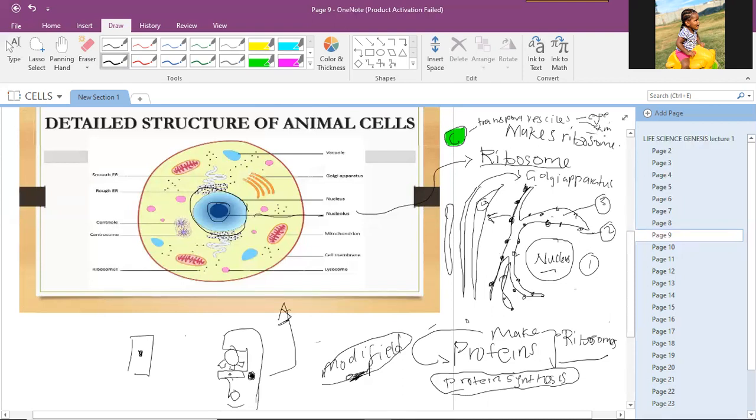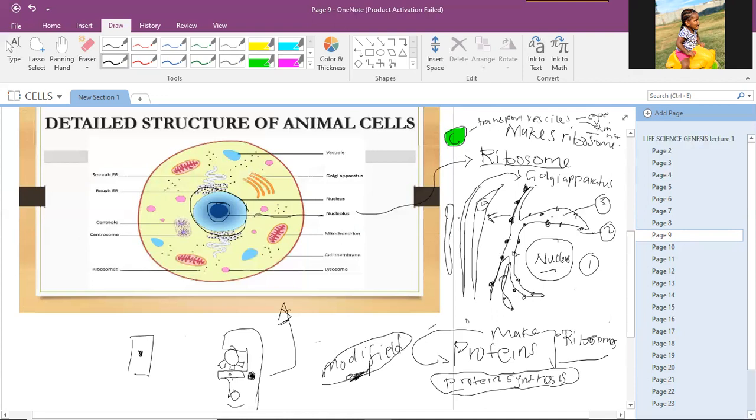Is it going to your hair? Is it making proteins like insulin, estrogen, testosterone? So all these different types of proteins are packaged and transported to various parts of the cell via the Golgi apparatus. So that's step 4.